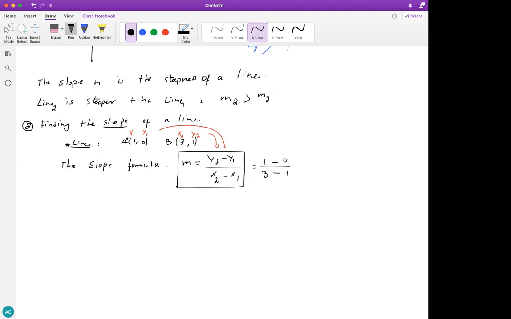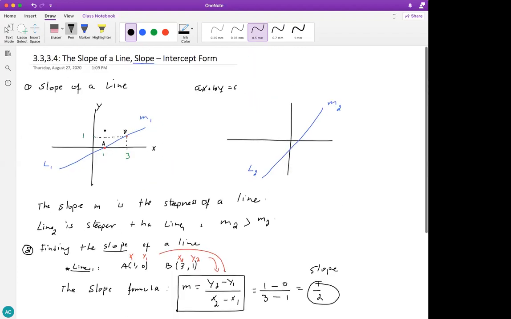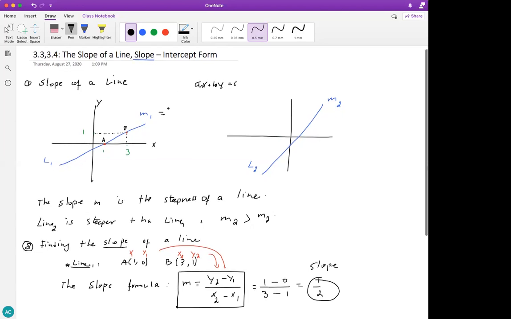So you take 2 points, you label them, x1, y1, x2, y2, and then you simplify, so you get 1 over 2. Simplify the fraction if possible. So that's the slope. So for this line, the slope is this, okay? M1 is 1/2.